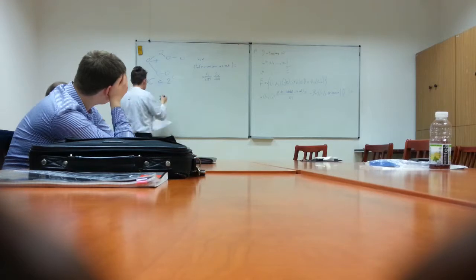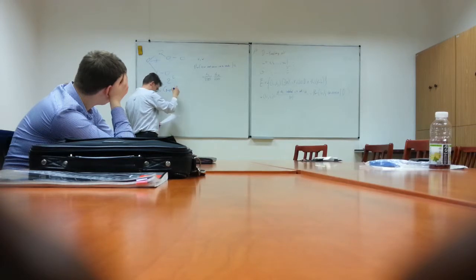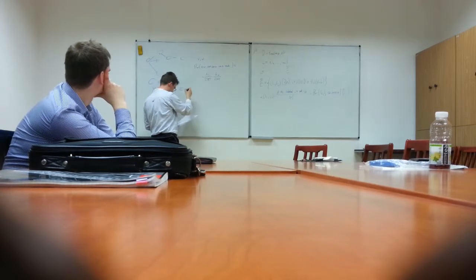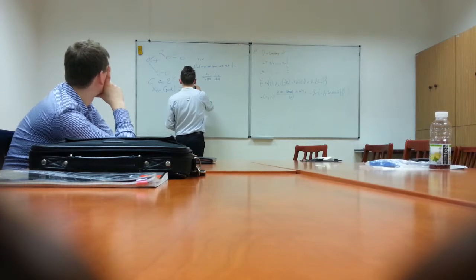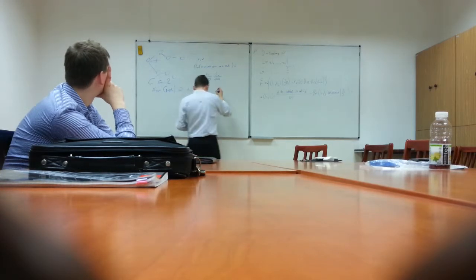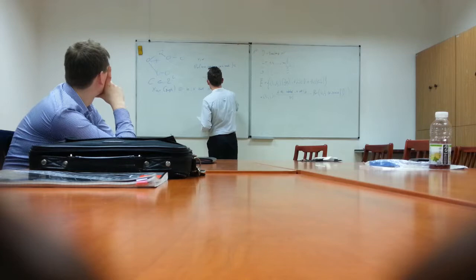Then, if we define a random variable on a graph, it is equivalent to saying that vertex U and vertex V are connected in the same community.